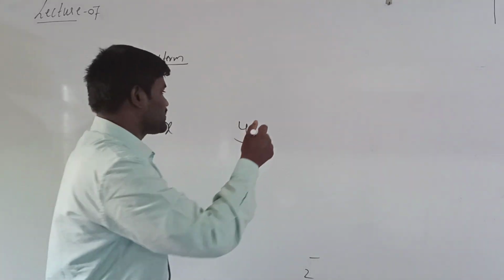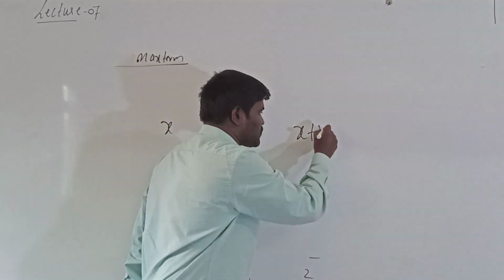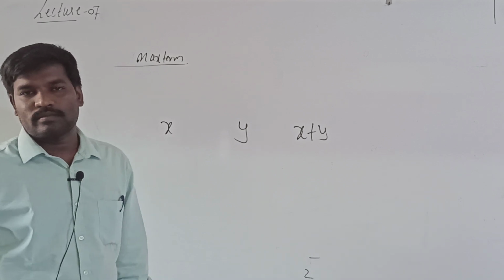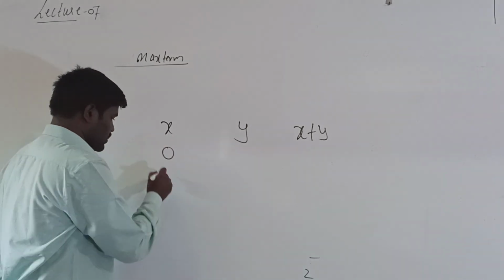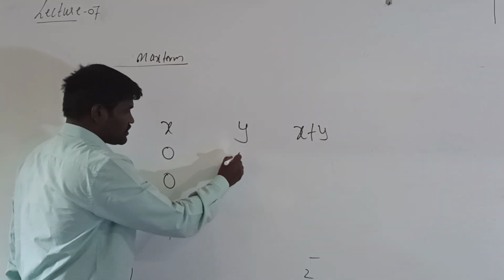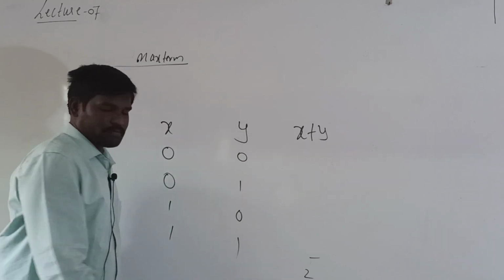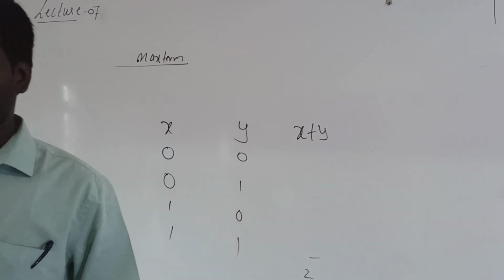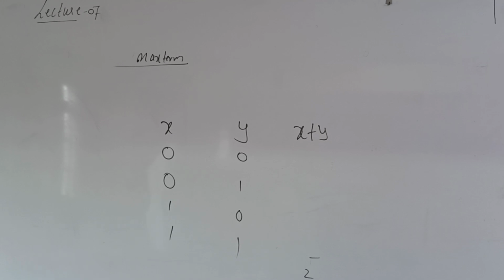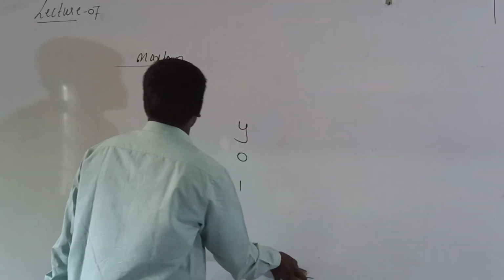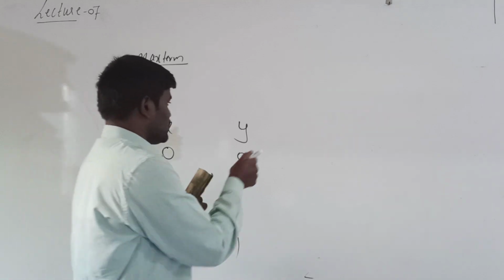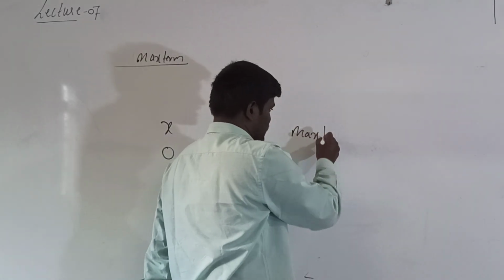Sum of literals means we can use x plus y. Okay, see here 0 0, 1 1, 0 1, 0 1. So it is exactly opposite to the min term. See here, you can write max term.